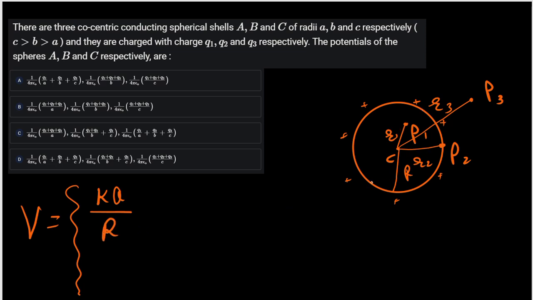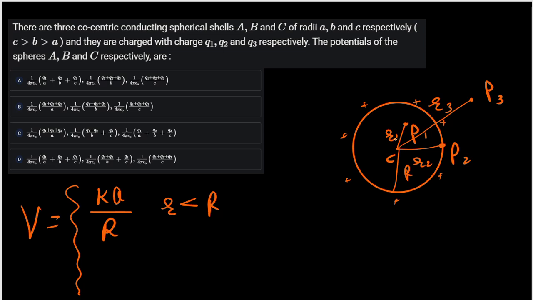When the point is inside the shell, the distance r is less than R. Means when the point is inside, we are taking here the R1 distance. When the point is inside, the potential is just KQ by R. R is the radius of the sphere or shell, not the distance.